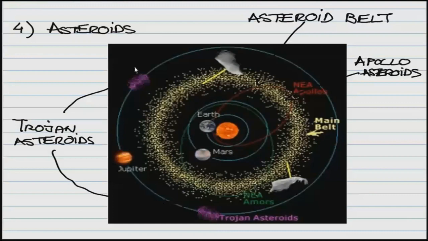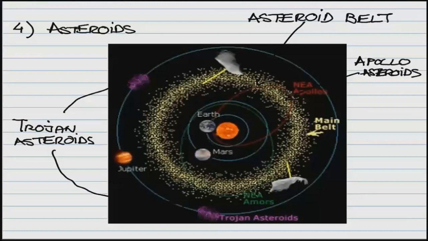So potentially they represent a hazard. So do some of the asteroids from the asteroid belt, because one of them can get kicked in towards the inner part of the solar system and can pass near the Earth. Not that long ago, there was one that passed between the Moon and us. It was actually closer to us than the Moon.